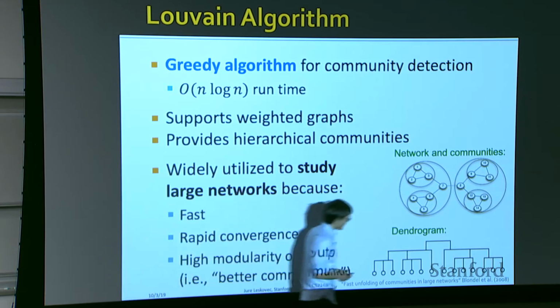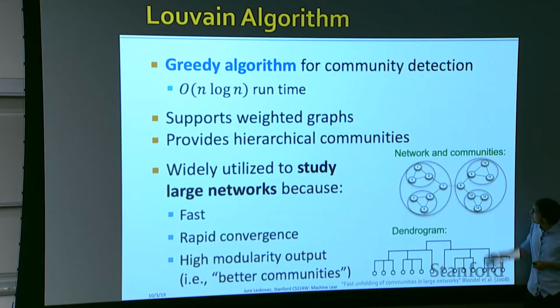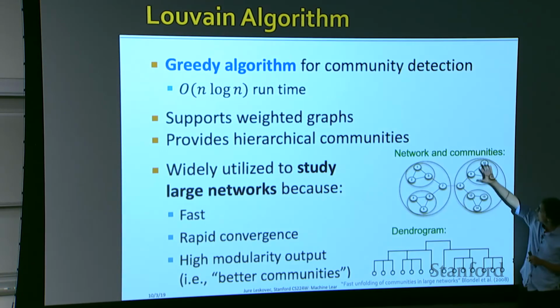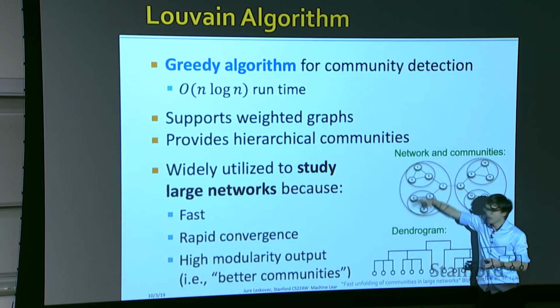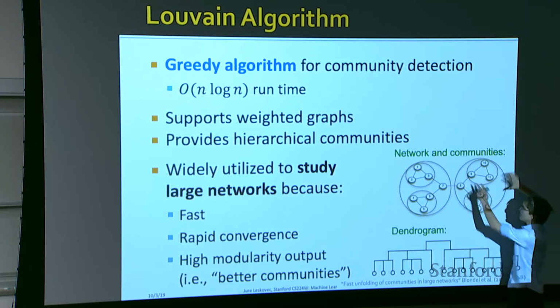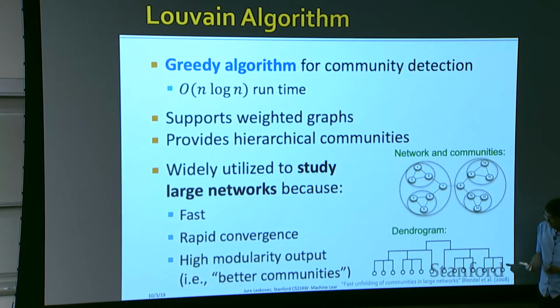What do I mean by hierarchical? Here is what I mean. If you think of this network and you want to identify communities, you could say there are these 4, but then one level up there are these 2, and then there is the entire network. The way you represent hierarchy is using a dendrogram.